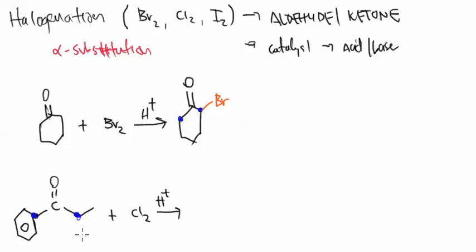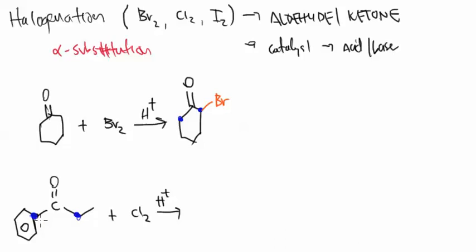So maybe at first glance you would think that we would get a different product or a mixture of different products, and maybe so, but in this case we don't. And the reason is because the carbons have to have alpha hydrogens in order to be kicked off and substituted. So this carbon to the left, it doesn't have any alpha hydrogens. There's no alpha hydrogen there on that molecule.